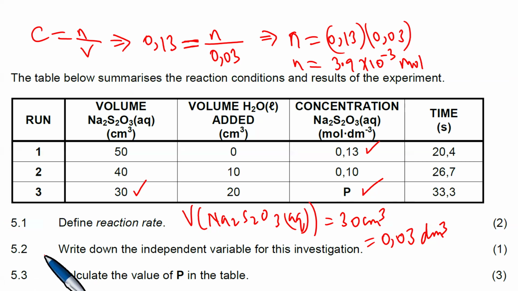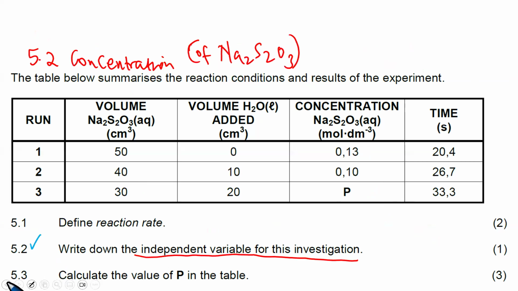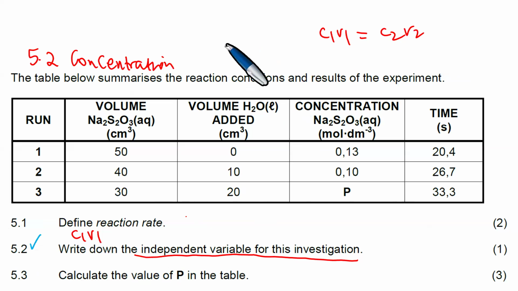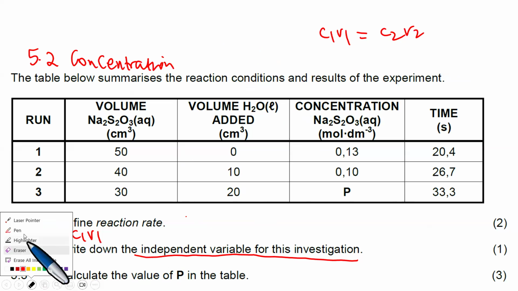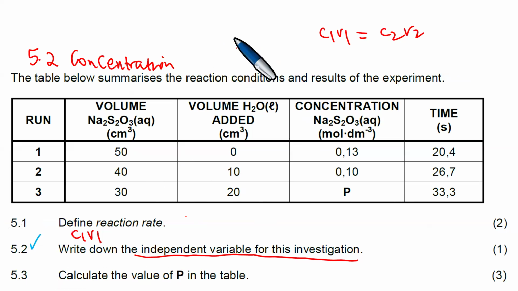There's another formula we use that says C1 V1 equals C2 V2. Let's use this one: C1 V1 is C2 V2.